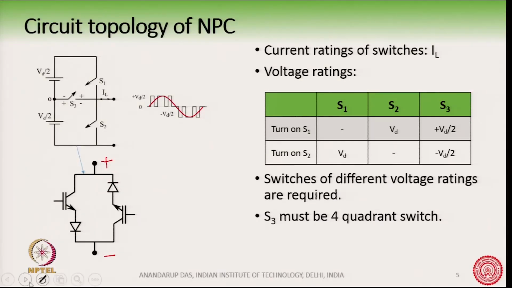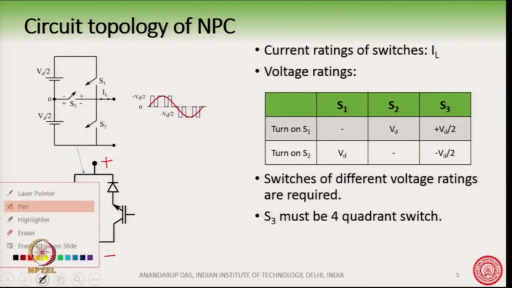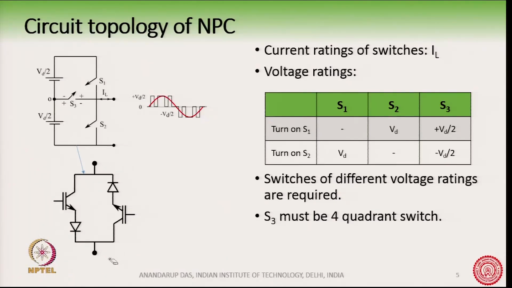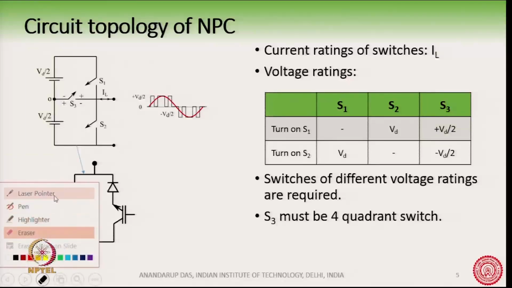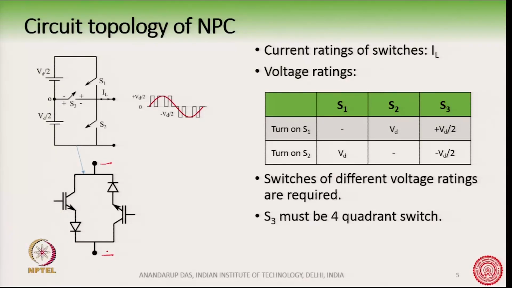Now, on the other hand, if you have a situation like this, then once you turn on this transistor, the current will flow like this. This is a bidirectional voltage. This circuit can block bidirectional voltage. So, we need S3 as something like this here. S3 must be made something like this kind of a circuit.